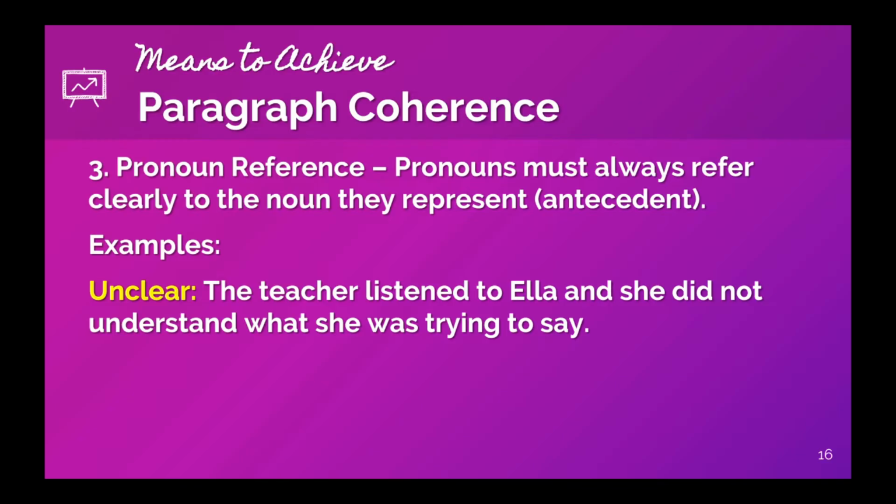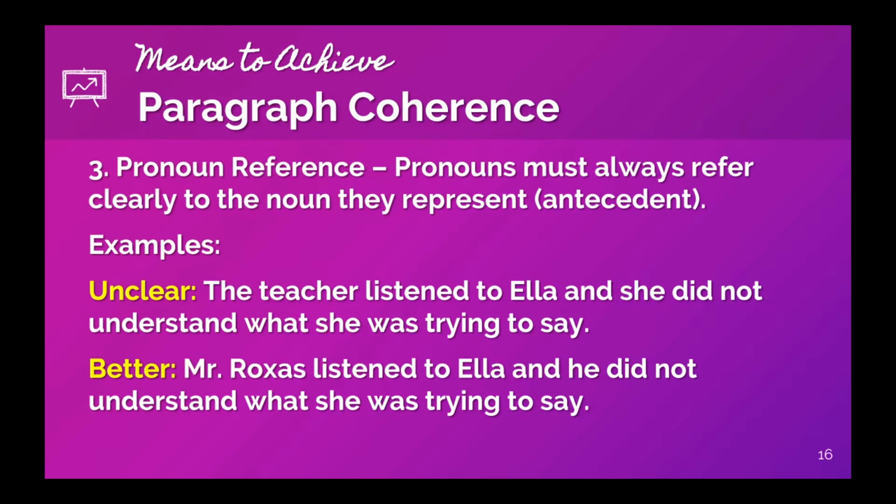So who is not understanding what she was trying to say? Is it the teacher who cannot understand or Ella who cannot understand? It's not clear.